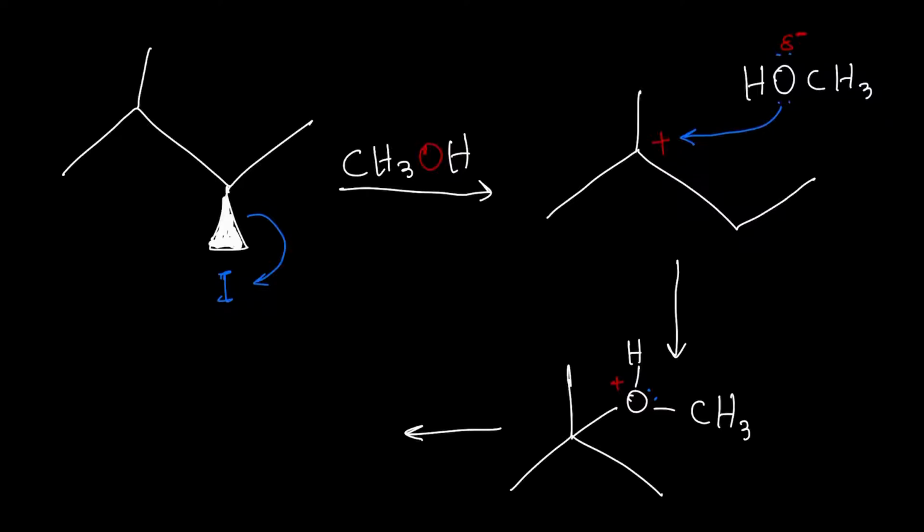Next stage is going to be called deprotonation. We're going to need another nucleophile, which is going to be another CH3OH. The partially negatively charged oxygen is going to pull the hydrogen toward itself, and then the oxygen that is attached to our carbocation is going to retain the electrons.